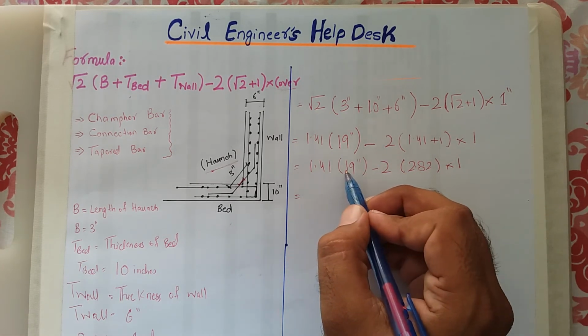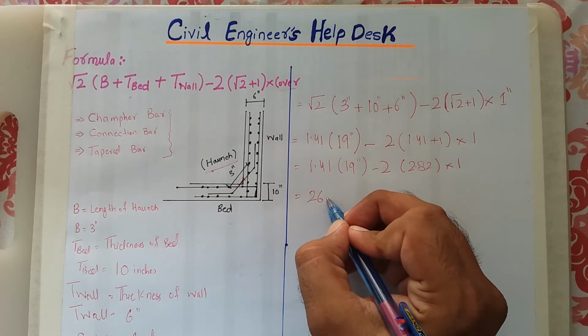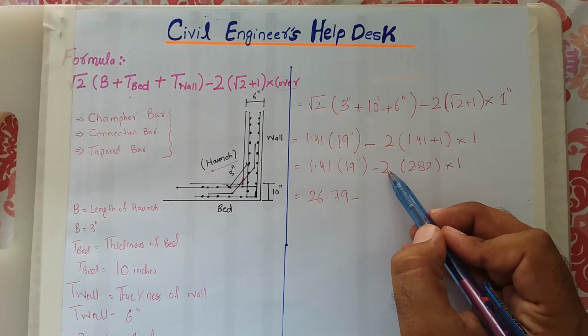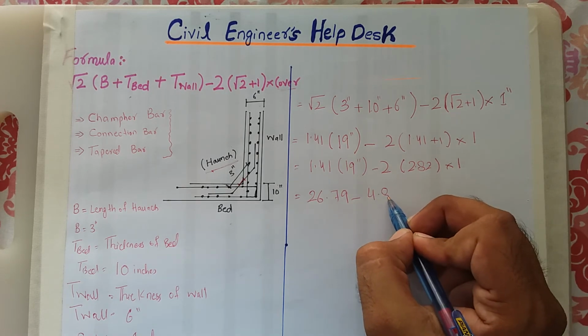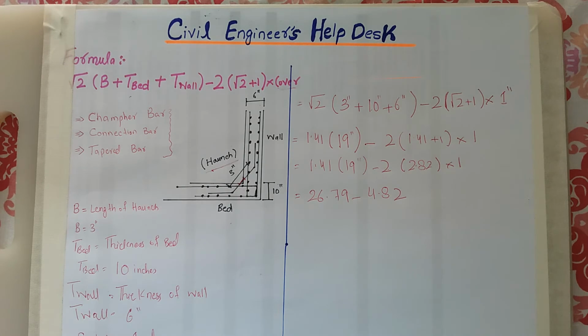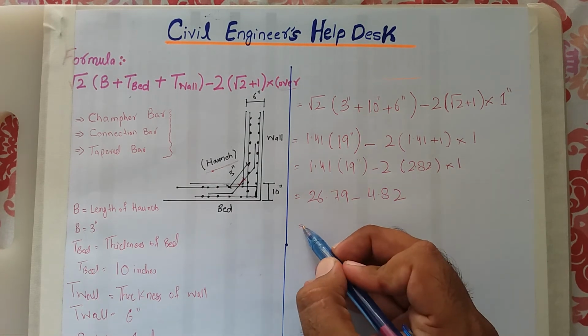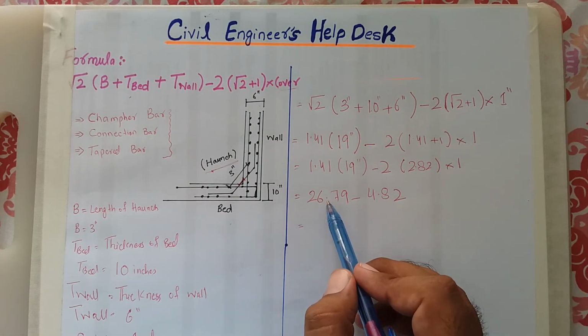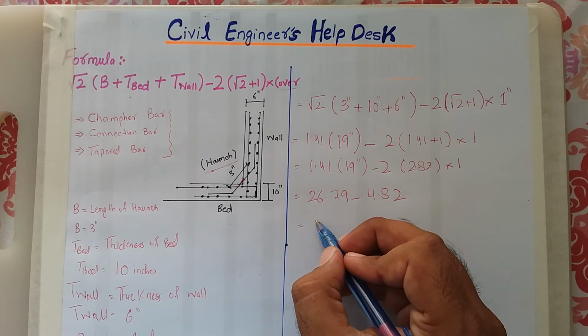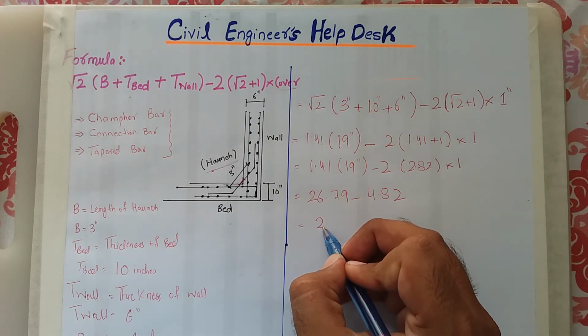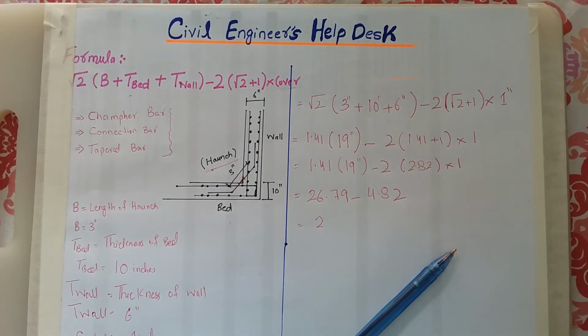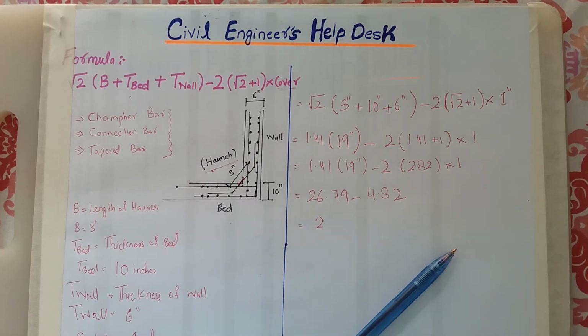So 1.41 multiply by 19, it will come 26.79, minus 2 multiply 2.82 multiply 1, this will come 4.82. You can solve by calculator or by any method you know. So 26.79 minus 4.82, how much will it come? I am using a calculator, so you can use your own.